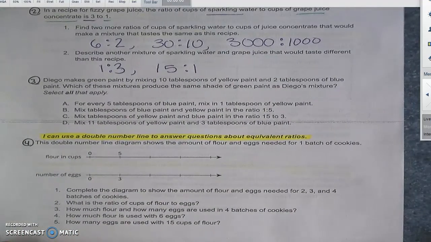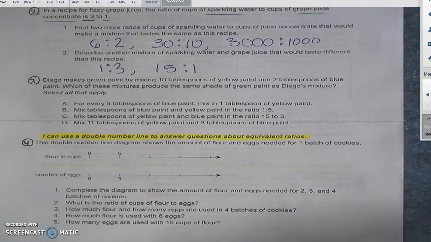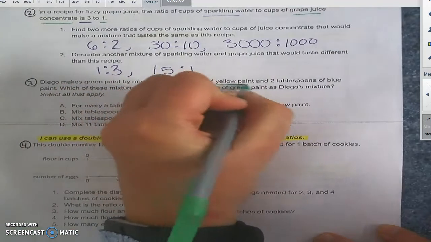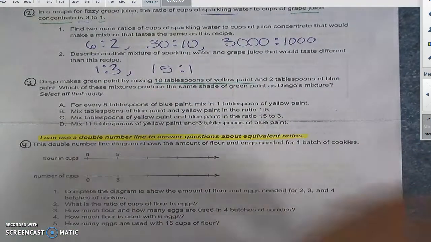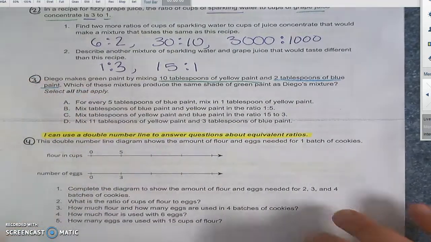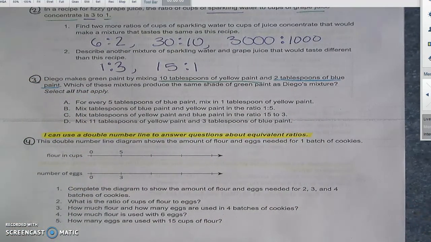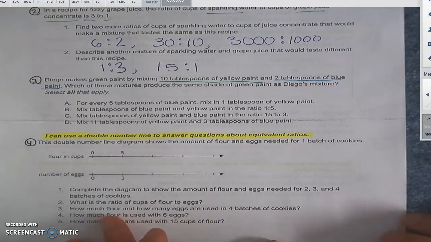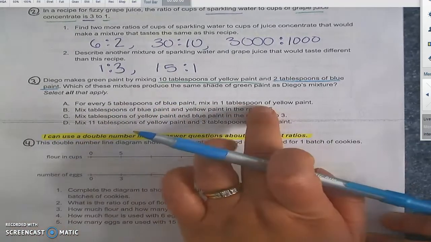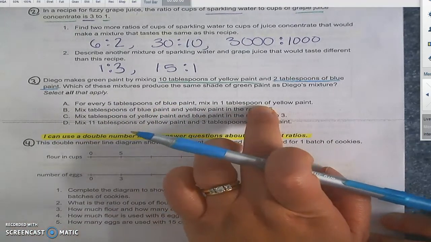All right, Diego makes green paint by mixing 10 tablespoons of yellow paint and 2 tablespoons of blue paint. Which of these mixtures produce the same shade of green paint as Diego's mixture? For every 5 tablespoons of blue, mix in 1 tablespoon of yellow.